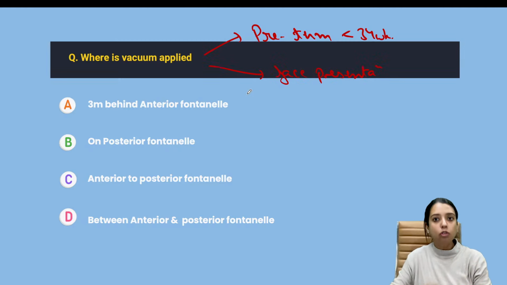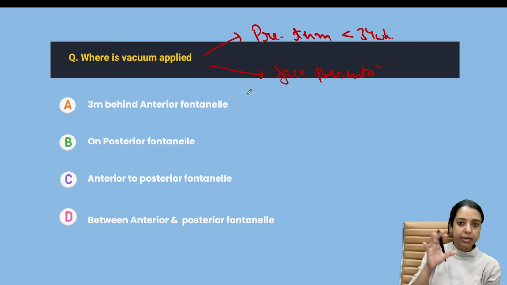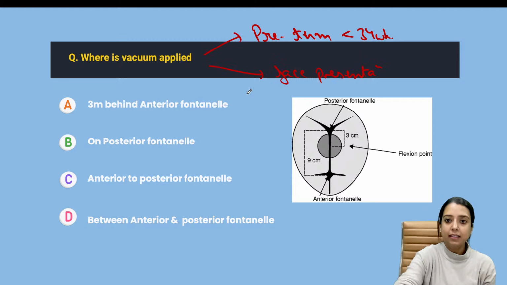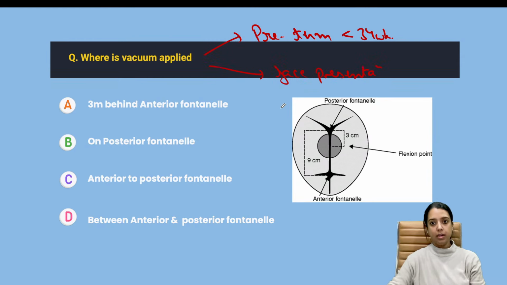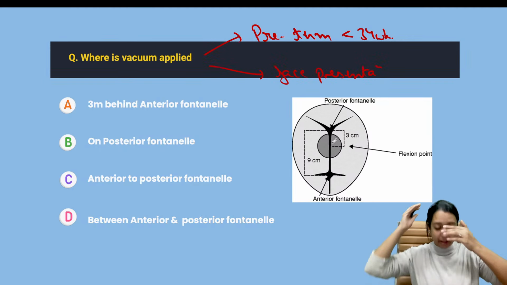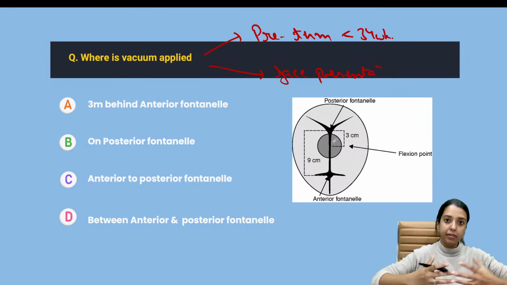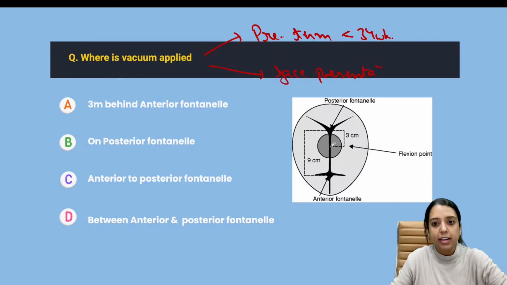Now where is vacuum applied on the head? It has to be applied on a particular point. At the flexion point. Flexion point is somewhere when you apply it, head will flex. And when the head flexes, smallest diameter comes, baby comes out. The flexion point lies where? This is occiput, this is the posterior fontanelle, just 3 centimeter in front of it.